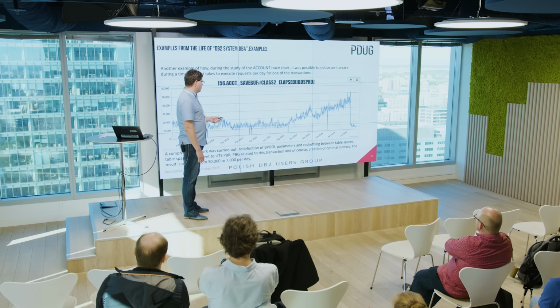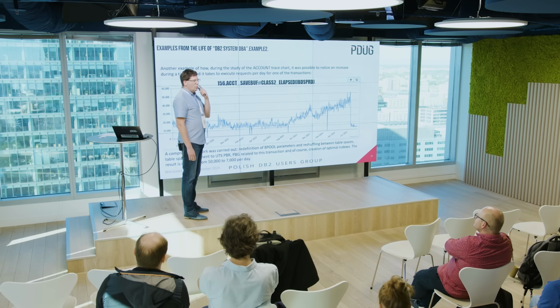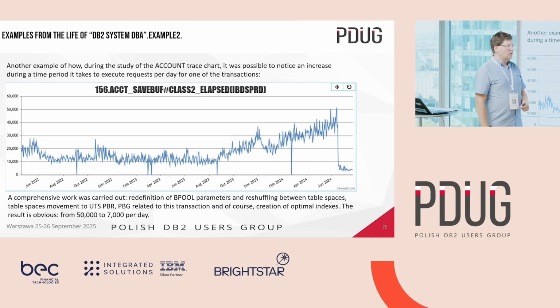We redefined buffer pool parameters, like VP sequential parameters, maybe increased buffer pools, reshuffling between table spaces and buffer pools, table space movement to universal table space partition by range, and partition from segmented table space to partition by row related to this transaction, and of course creation of many optimal indexes.